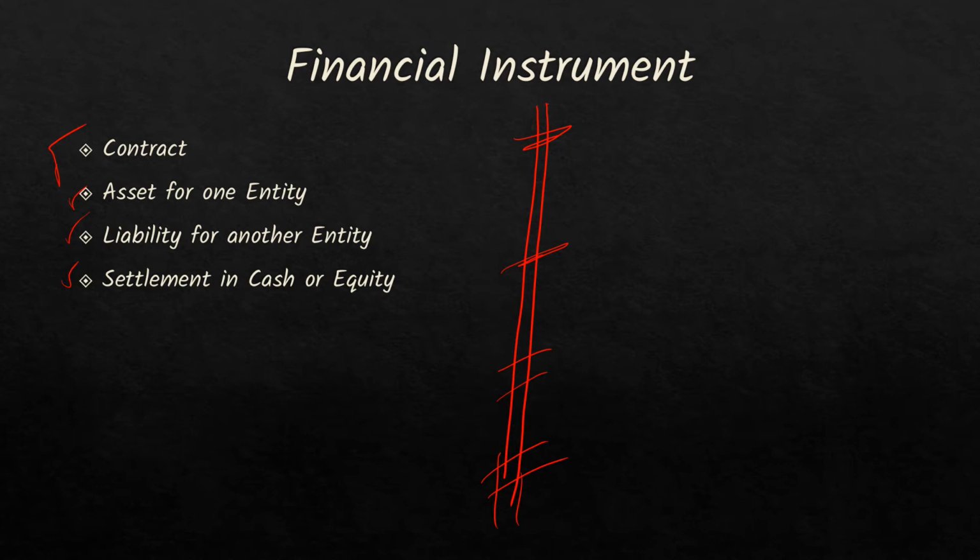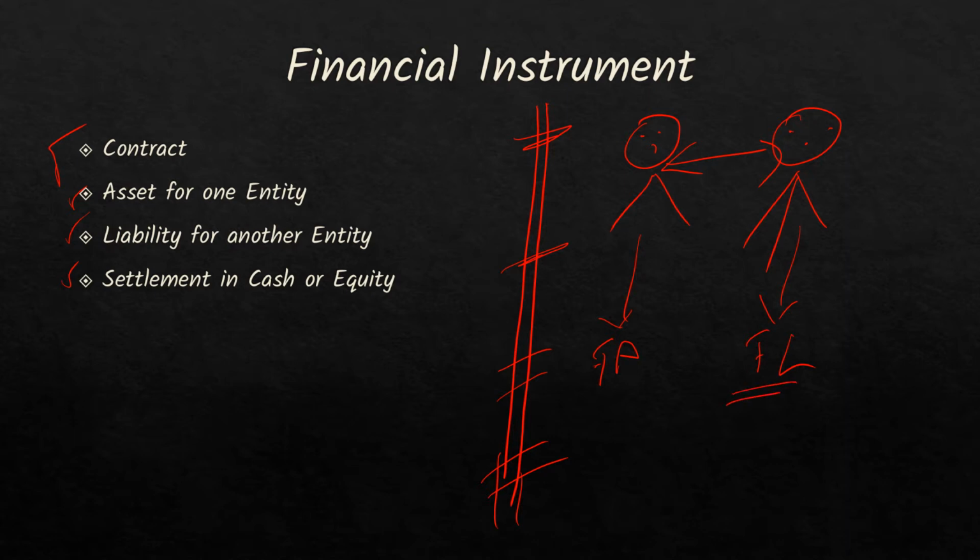There must be a contract between two parties. One is showing it as an asset, a financial asset, and another must be showing it as a liability.